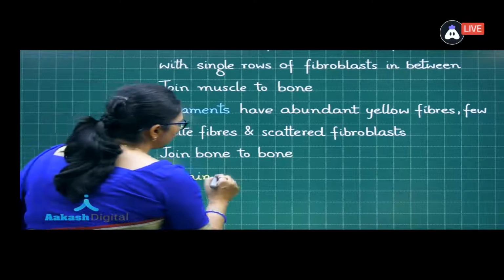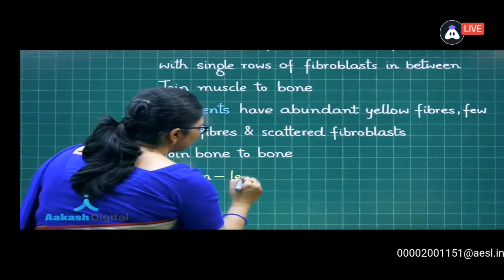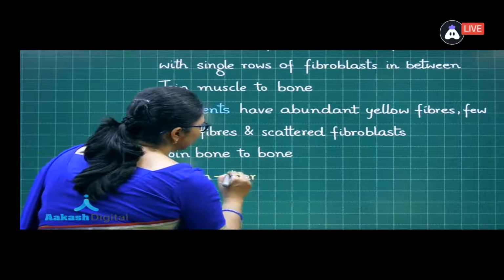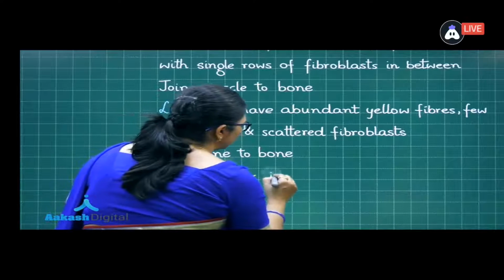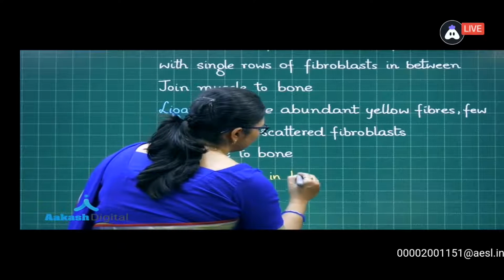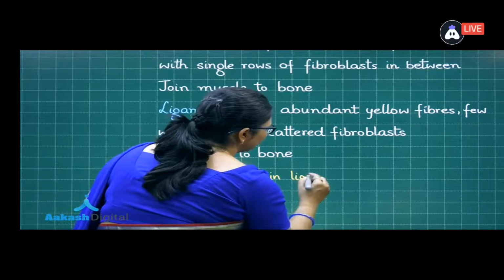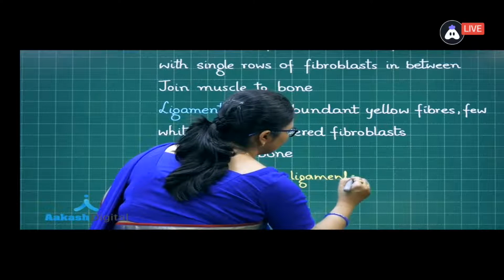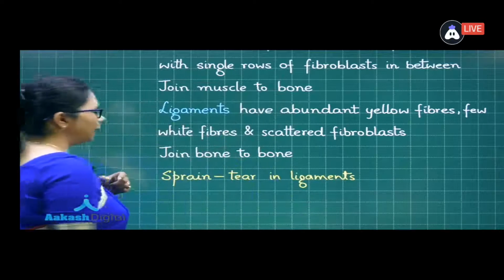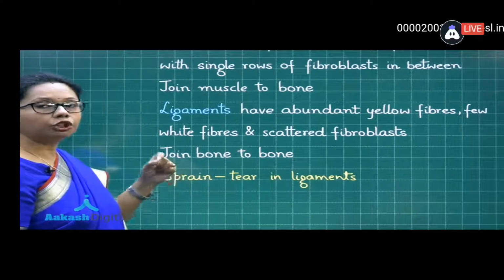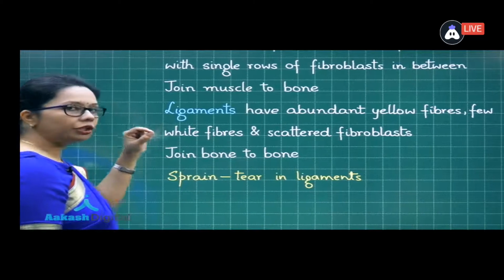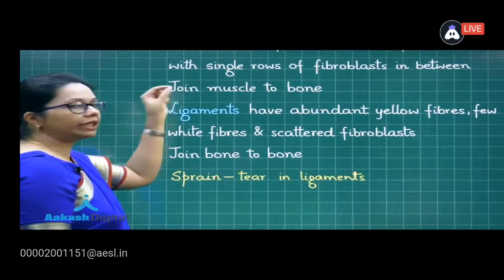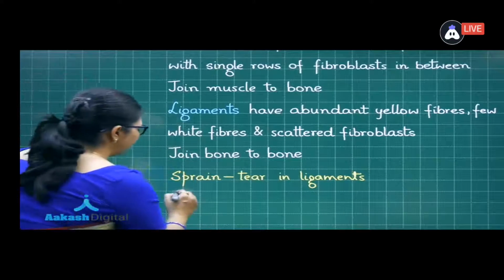So sprain is tear or excessive stretching in ligaments. And when we use the term strain, that is tears in either the tendons or the muscle.